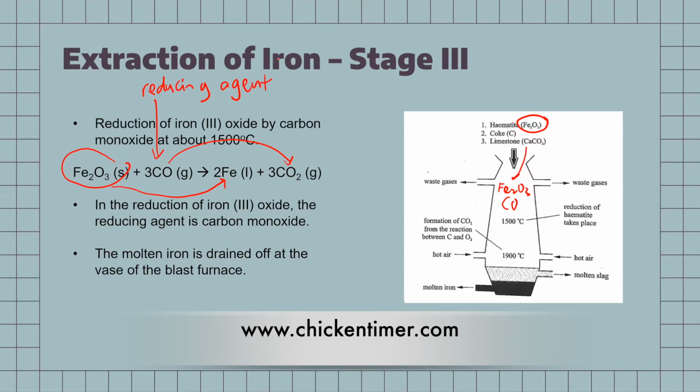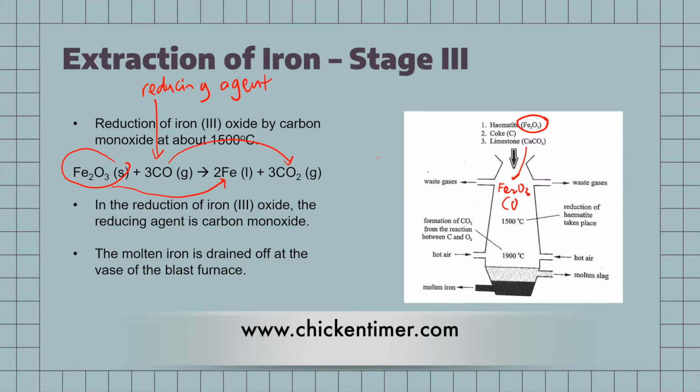For now, you don't have to know what a reducing agent is. You just need to know that carbon monoxide is a reducing agent. Okay? You just need to know carbon monoxide equals reducing agent. That's all. You don't need to know the intricate details of what is a reducing agent and what is an oxidizing agent. You don't need to know that now, because I think oxidation and reduction is taught in Sec 5. So you don't have to know that at the moment.